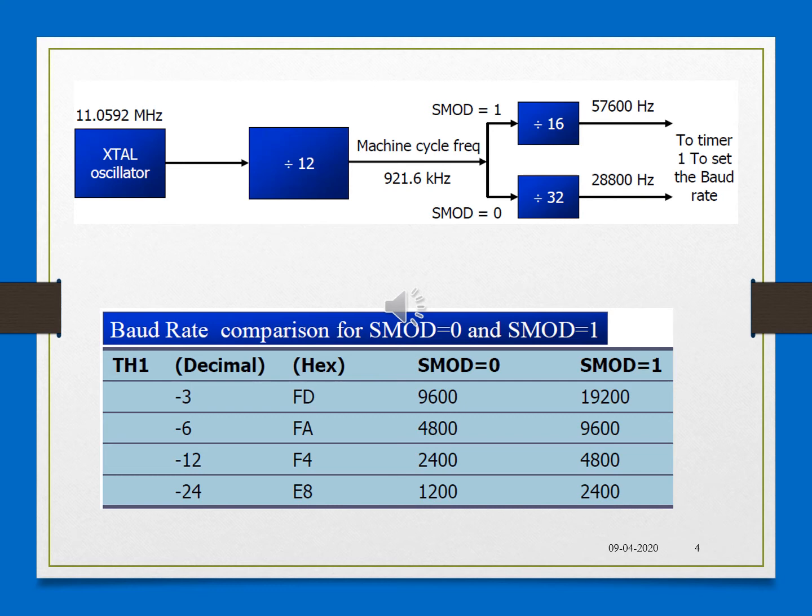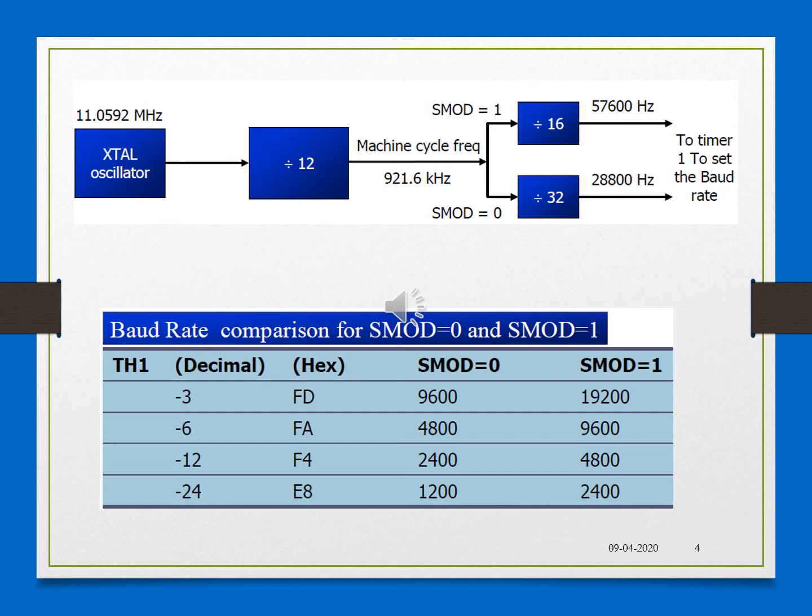That will be the frequency used by timer 1 for serial communication. When SMOD bit is equal to 1 in PCON register, then you will have double the baud rate, that is 57,600 hertz will be the frequency that will be used by the timer.